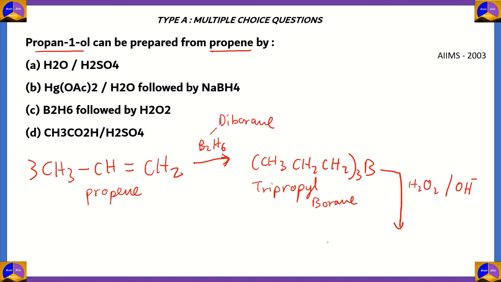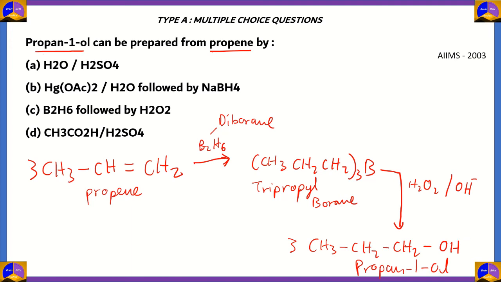So now what happens is that we get 3 CH3CH2CH2OH, which is propan-1-ol. So the reason why it's propan-1-ol is because the OH group is attached to the first carbon, or a carbon towards the end. So that's why this is propanol.